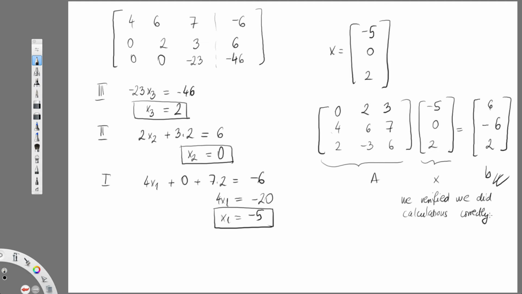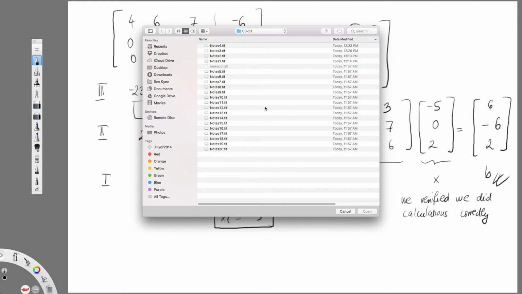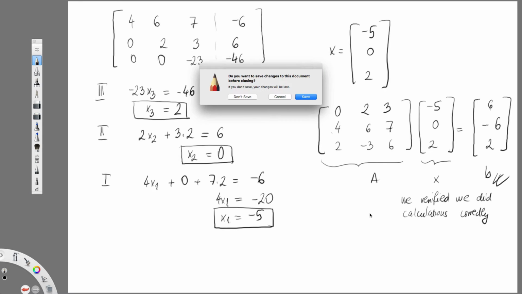So let's now look a little more into a problem where I have multiple solutions or possibilities for a solution. So let's look at our final example for the day.